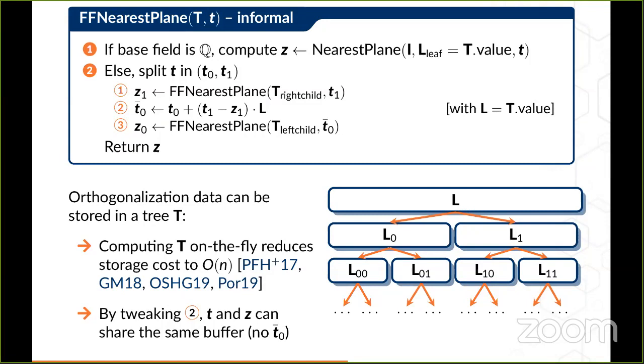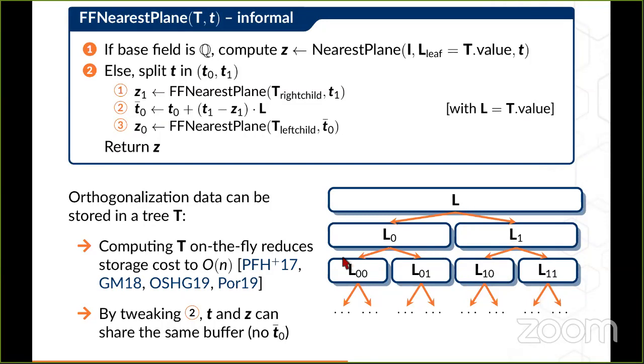We compute the tree on the fly and discard any coefficient of the tree as soon as we don't need it anymore. If you do that properly, you can reduce the storage cost to big O of n. Of course, you pay by increasing the computation complexity, but only by a constant factor. So it's fine.